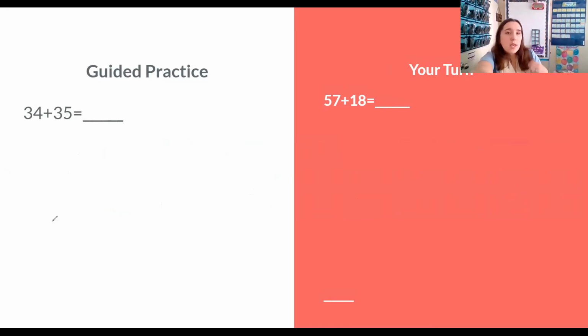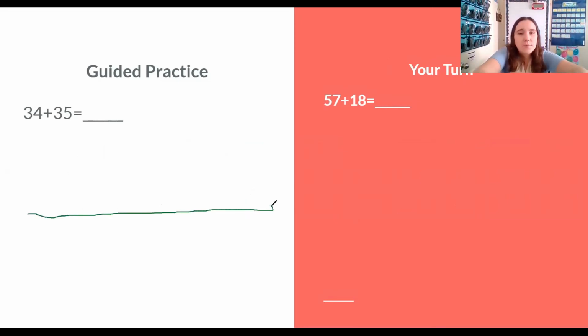I am going to use a number line for this one. So I'm going to draw my number line here. It's beautiful, I know, you're welcome. Because I'm doing addition, my bigger or smaller number can come first, it really doesn't matter. I'm going to start with 35 because then I know I have less to add on.